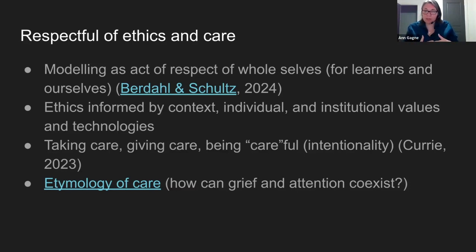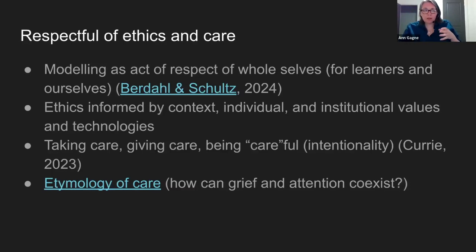Tom talked a little bit about that too, when we talk with our subject matter experts, and really caring and active listening, but also being careful, which is something that Sarah Madoka-Curry has talked about in her dissertation. And it's that intentionality piece, which we talk about a lot when we think about universal design for learning.